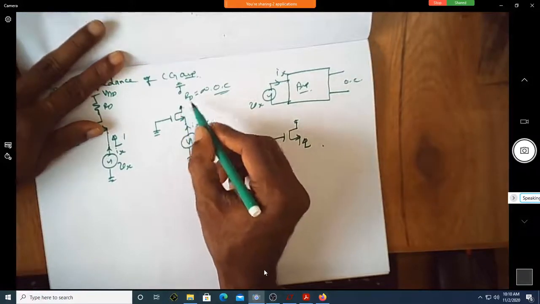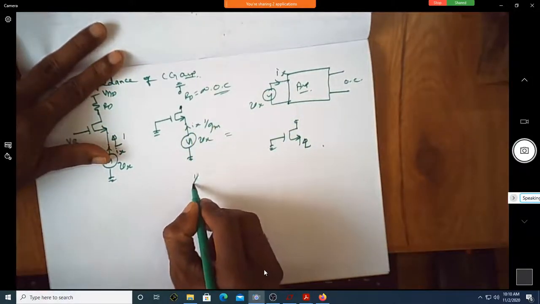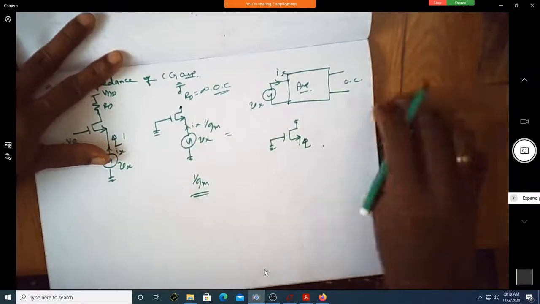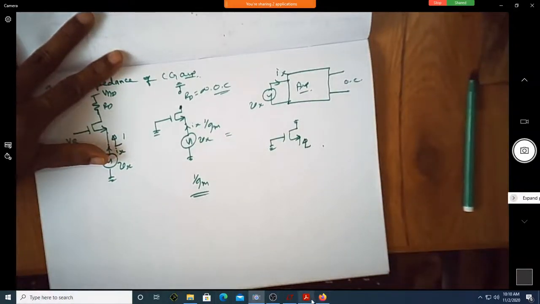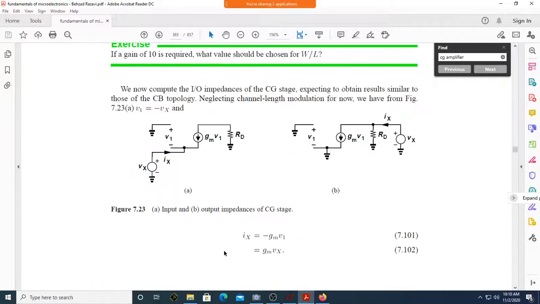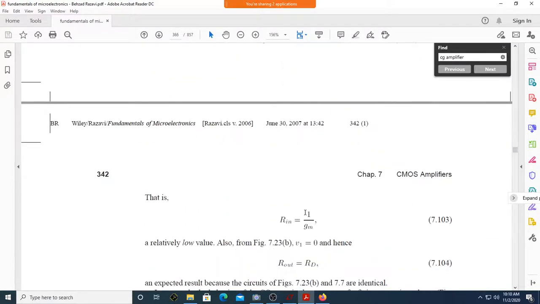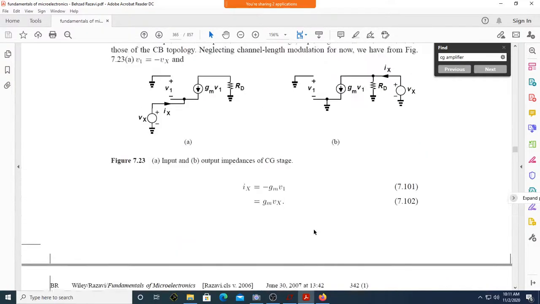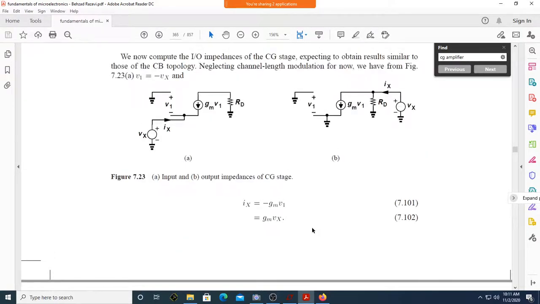So the resistance is 1 over gm. R in is 1 over gm. If you want to derive the expression, what is the current that is flowing?